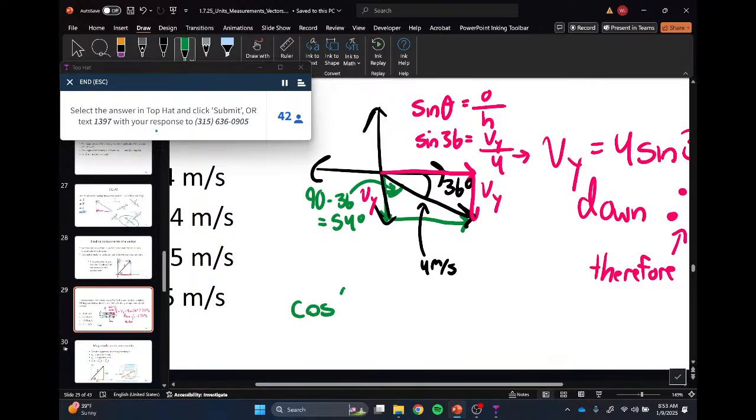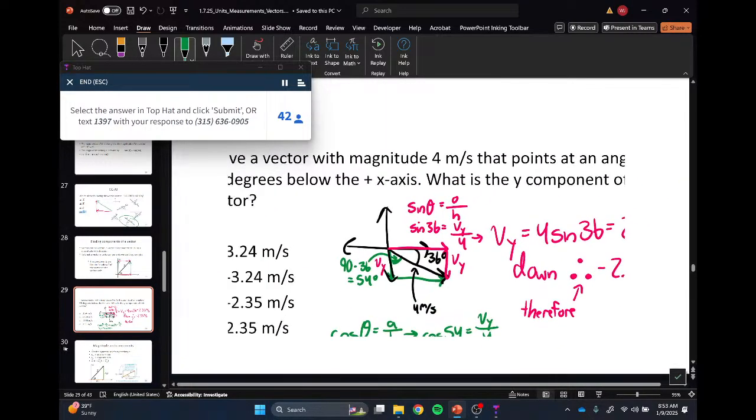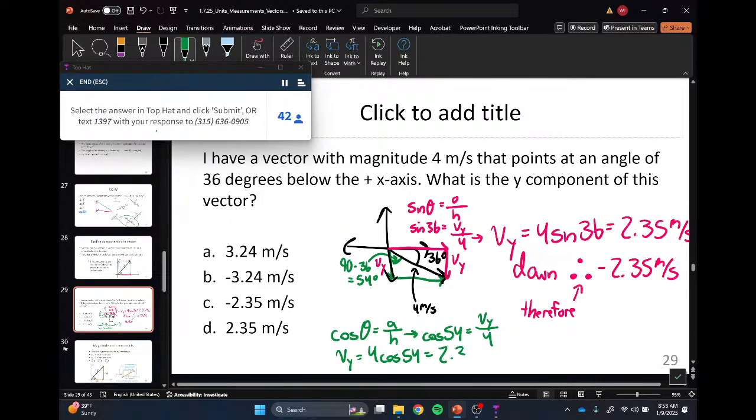We're going to use cosine. And cosine is going to be adjacent over hypotenuse. Now in this case, my angle is 54 degrees. We're still solving for Vy. The hypotenuse is still 4. And if you do this math, 4 times cosine of 54, you get the exact same answer of 2.35.